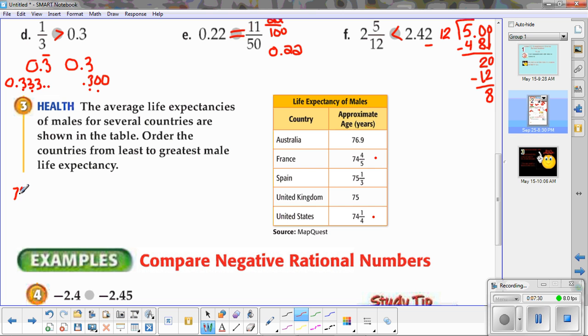So I can tell just by estimating that this one here is going to be the smallest. When you write them out in order, you always write them out with the number that they give you in the problem, not what you change it to when you're comparing them. The second one is going to be the 74 4/5ths.